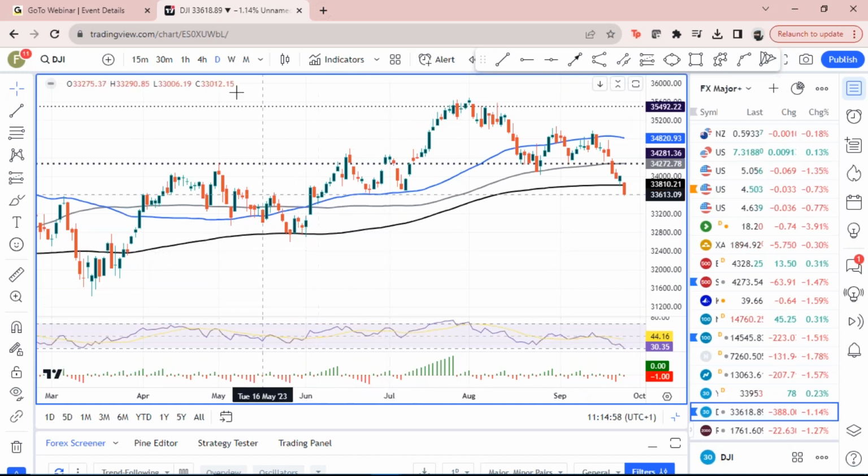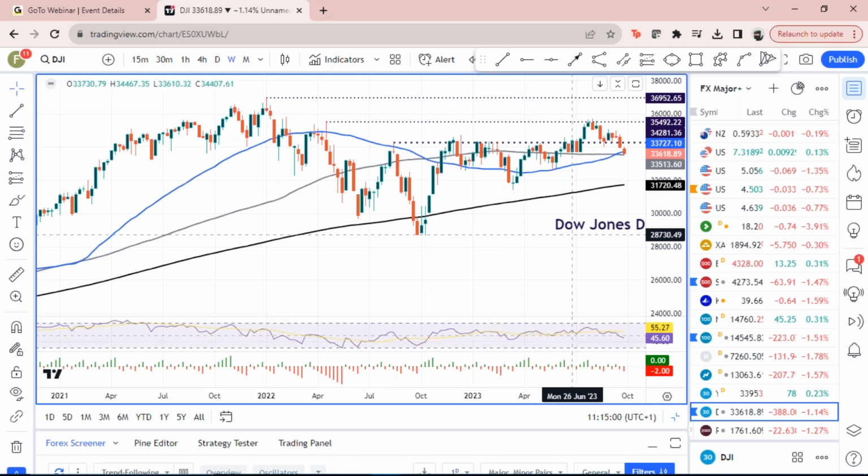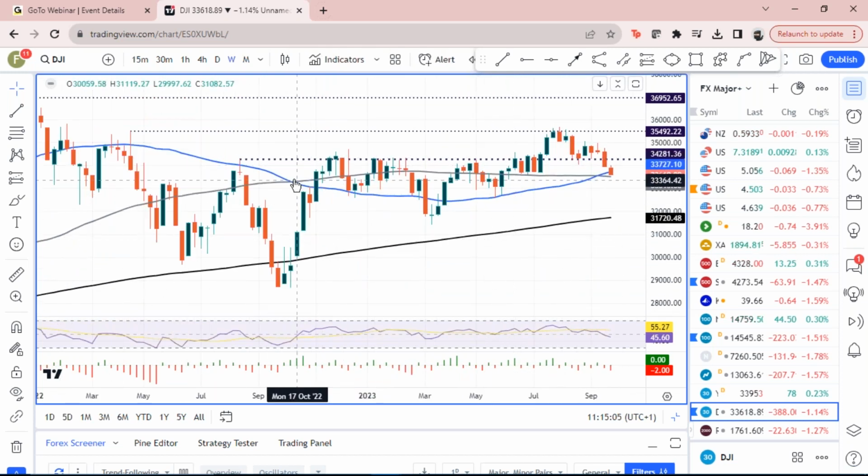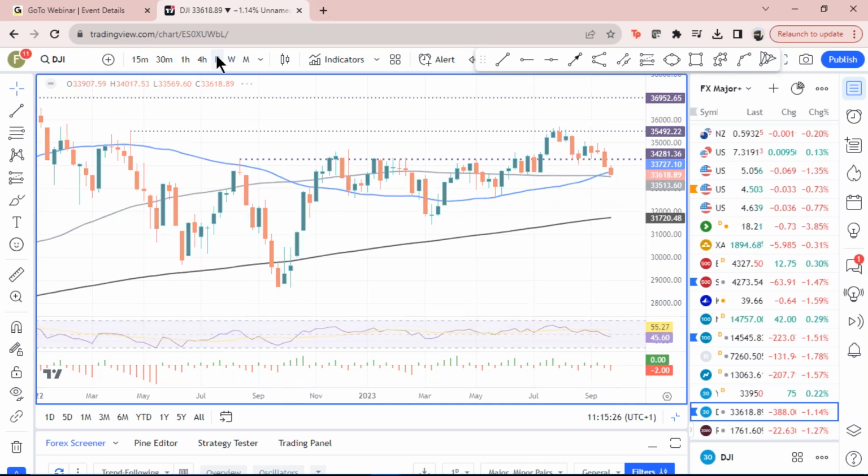Interesting for the Dow, we've been pointing out this 34,281 level being resistance, then support, and now we've broken down through it, which isn't good. That will act as resistance now, and then you've got these 50-week and 100-week moving averages, possibly near-term support. So let's go to the daily.